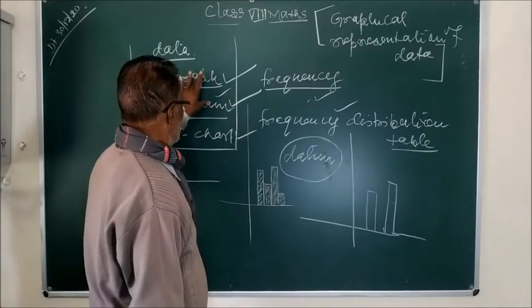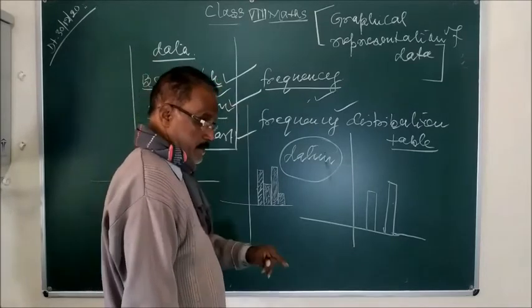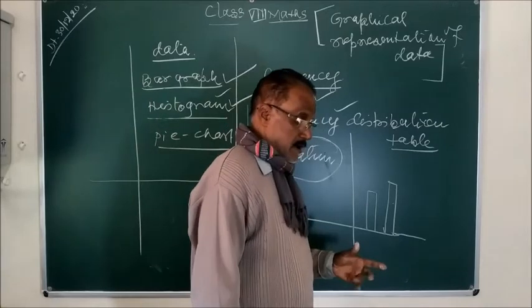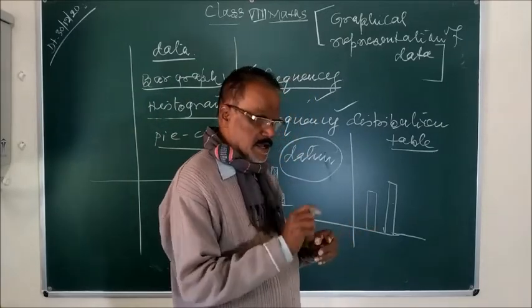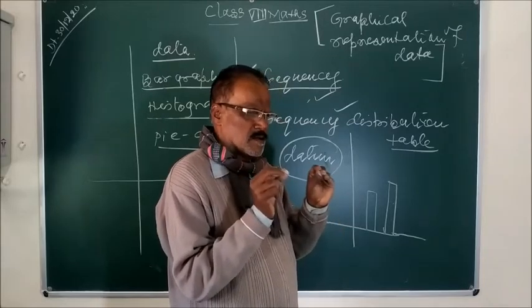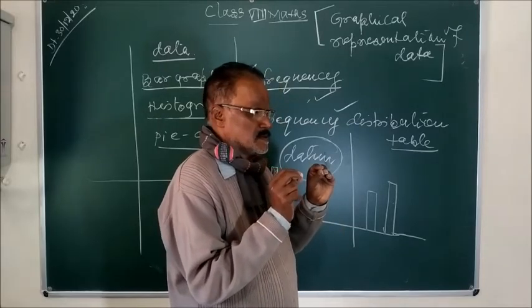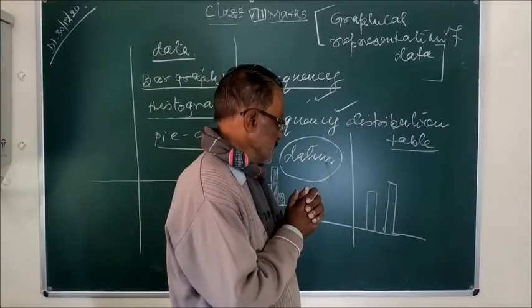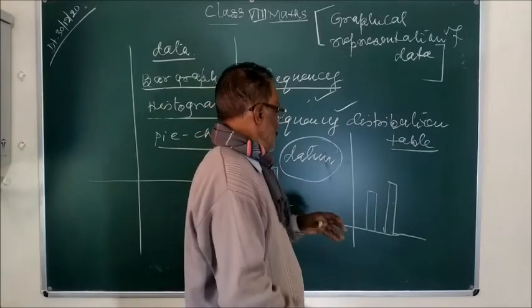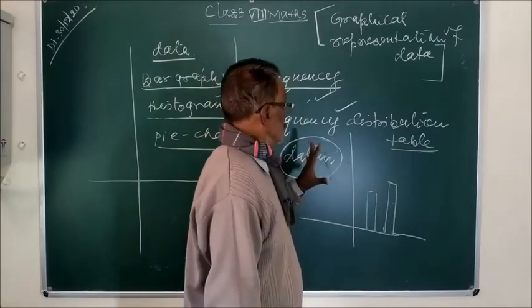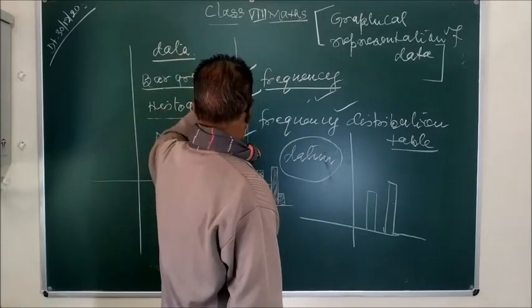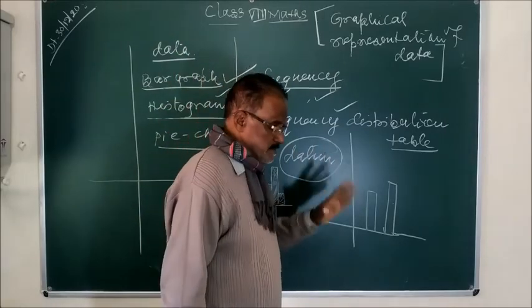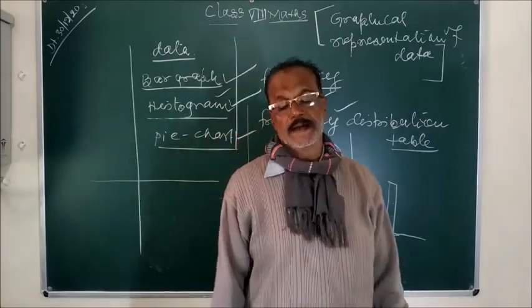So these two can be done on the graph paper, because in graph paper you must have seen they are equally divided into smaller and smaller squares. That's all for today. You will learn all these terms, and then we will come to the exercise.